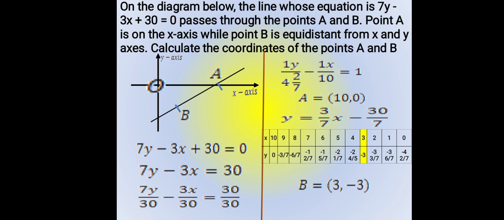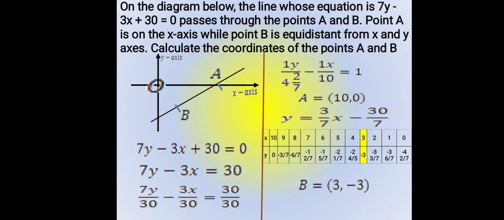Now we know that from our line, the y-intercept and the x-intercept lie between the points -30/7 and 10. Those points are not very many. We can just find the values between those points. So we start with point 10.